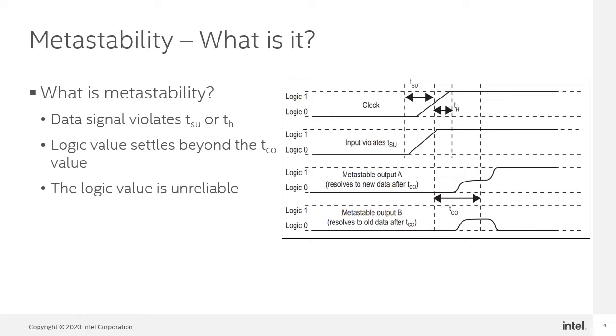That is, different destination registers capture different values for the metastable signal. Imagine one register captures an output that resolves to the new data after the signal transition, while a second register captures an output that resolved to the data signal before the transition. The rest of the system would probably behave incorrectly because the logic values are inconsistent.